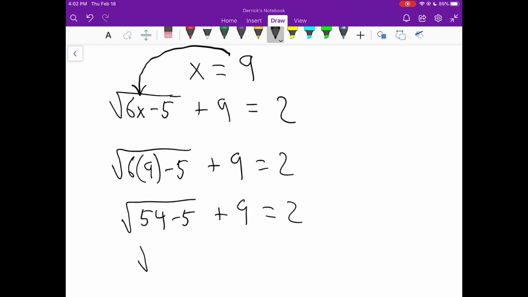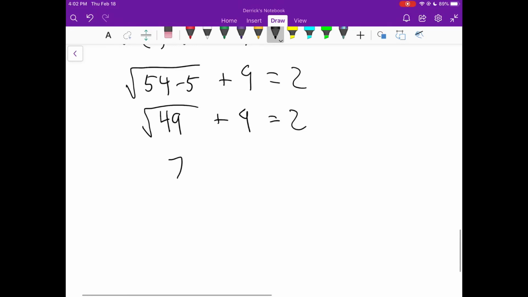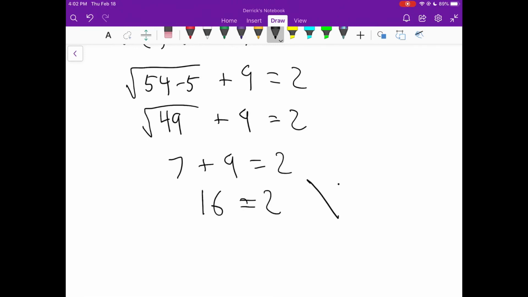54 minus 5 is 49. So we have the square root of 49 plus 9 equals 2. The square root of 49 is positive 7. 7 plus 9 does not give us 2. 16 equals 2 is not a true statement.